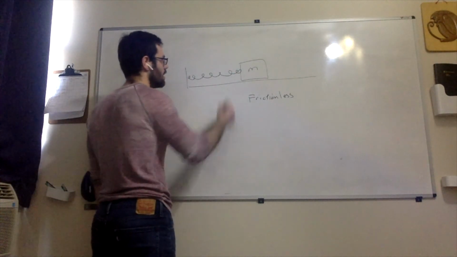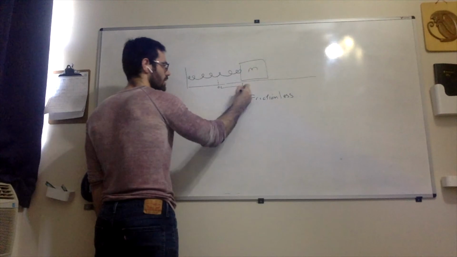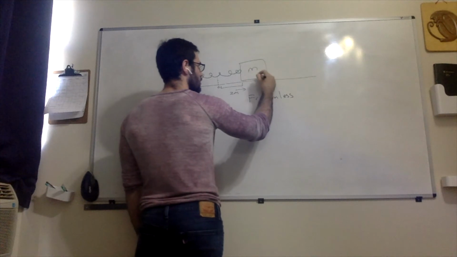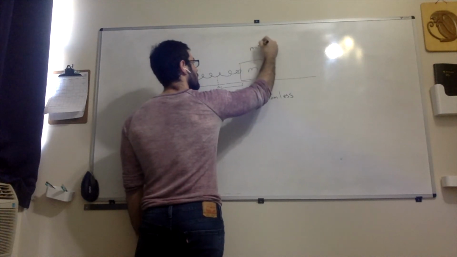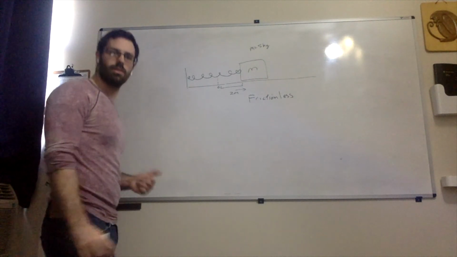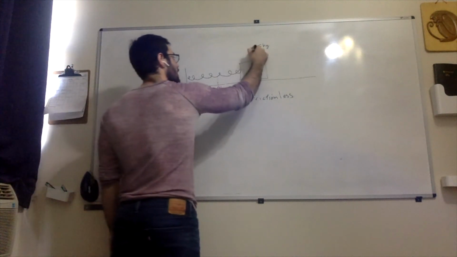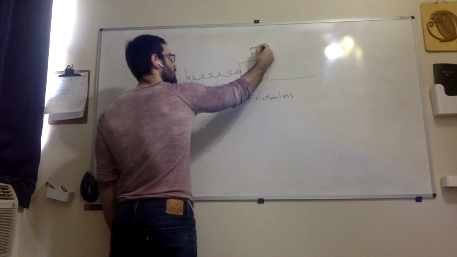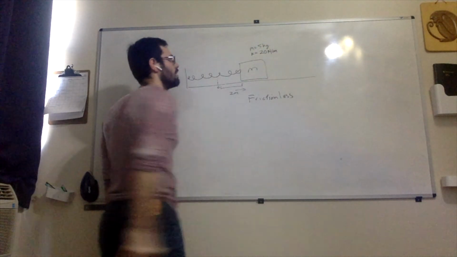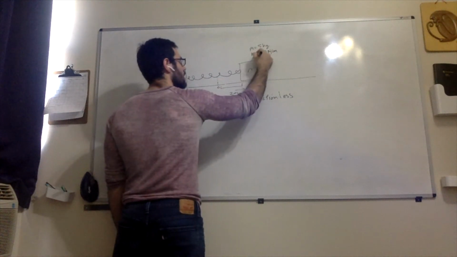And I'm going to say that this is my 0 mark, and I have stretched it in that direction by 2 meters. I'm going to say that the mass is equal to 5 kilograms. And I'm going to have to actually also give this a value for the spring constant. So I'll say that k is equal to 20 newtons per meter. Okay, and I've stretched this mass out 2 meters, so I'll say that my x value is 2 meters.